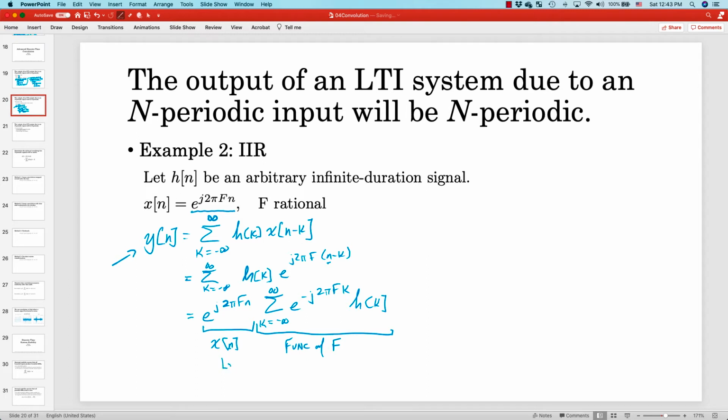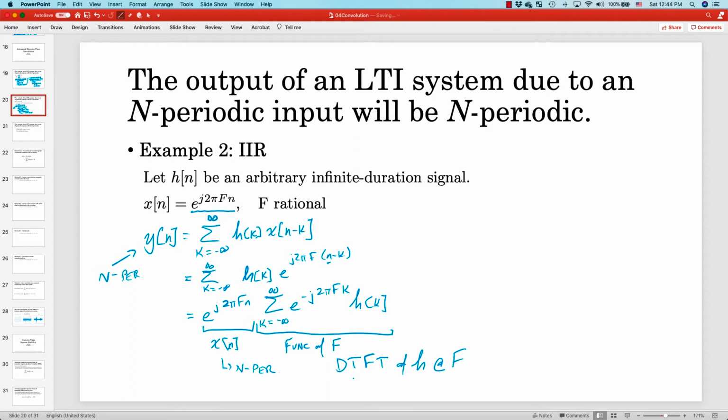And since the input was n periodic, that means the output will be n periodic. So this is actually just not any old function of f. It actually gets a name. This is called the discrete-time Fourier transform of h evaluated at capital F. But we will get into the details of that in a week or two.